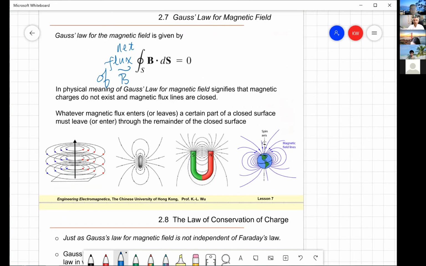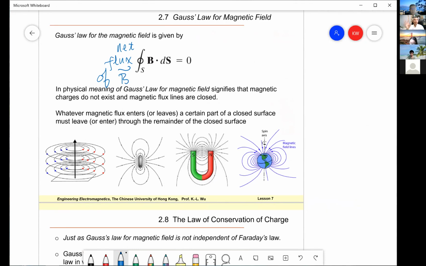So if we look at all the phenomena that concern magnetic field, you can see either the magnetic field generated by a current wire, then if you have a very small surface, you always see the field going into the surface equal to the amount going out of the surface from different parts of the surface, no matter how small it is, right?